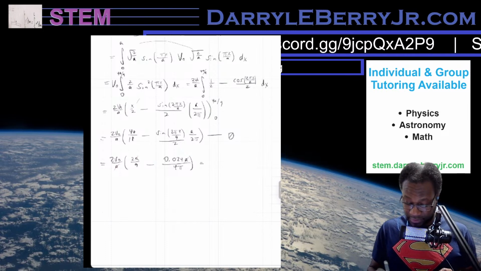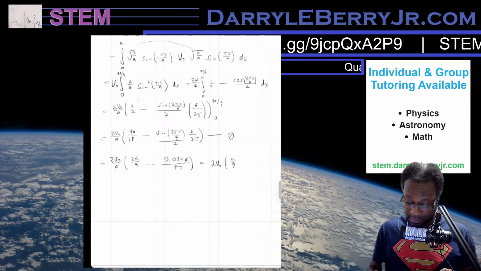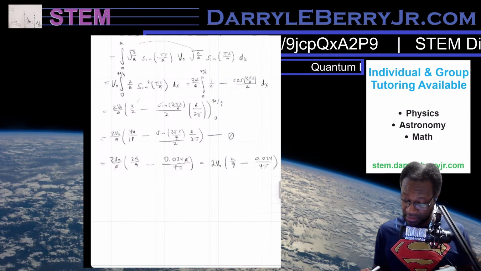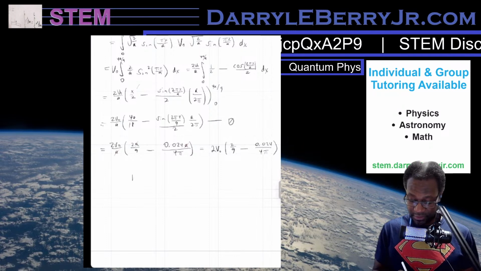So what we end up with is 2 V naught times 2 over 9 minus 0.024 over 4 pi. So that means that this is the increase of the energy.